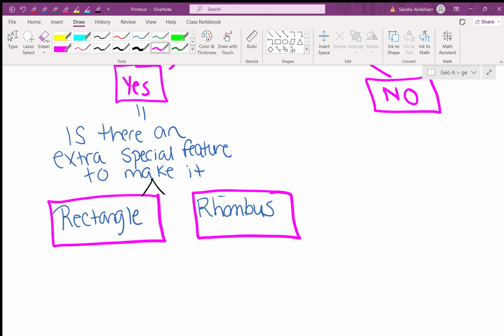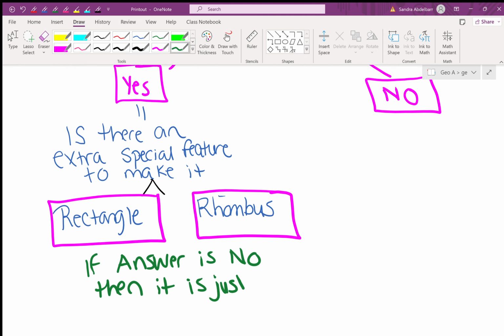If your answer is no, then it is just a parallelogram.